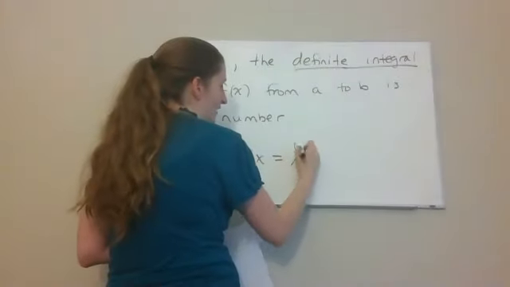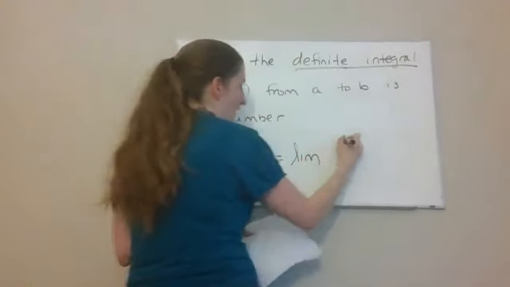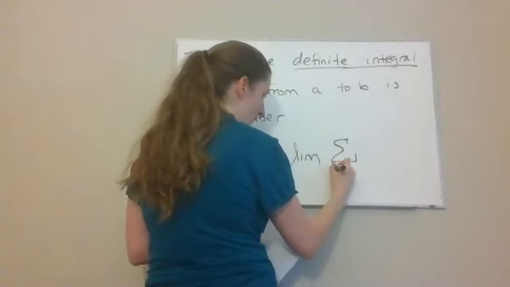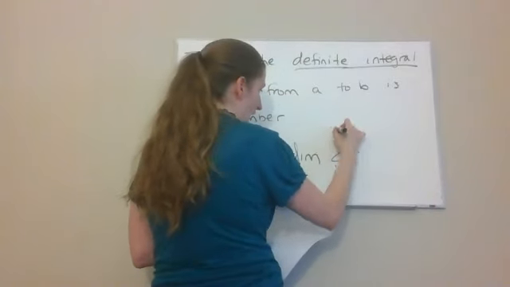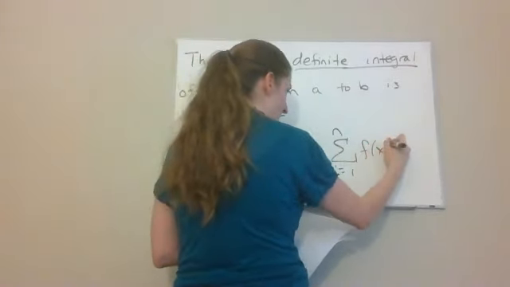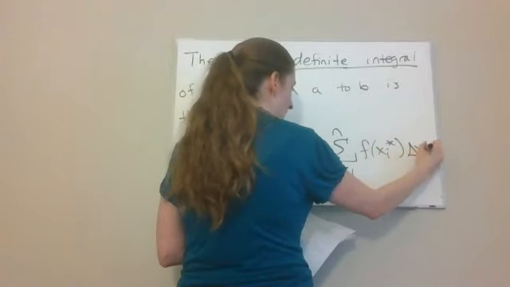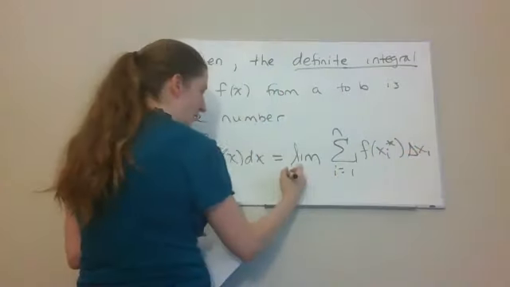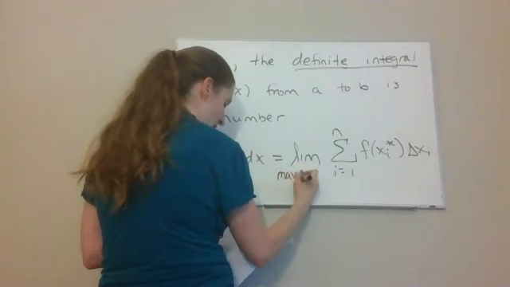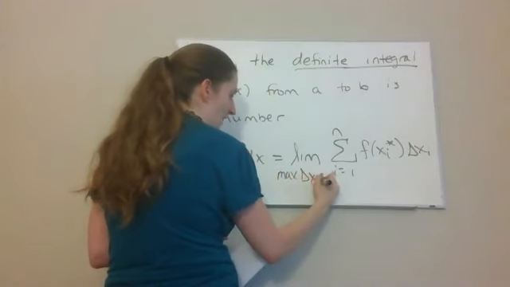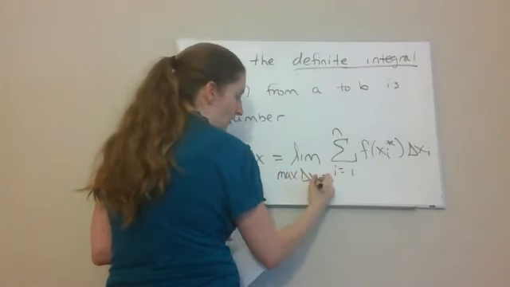This is defined to be the limit of our sum that we got using our generic partition. And this limit is as the maximum of our delta xi goes to 0.